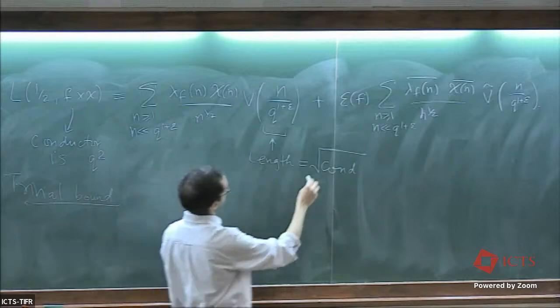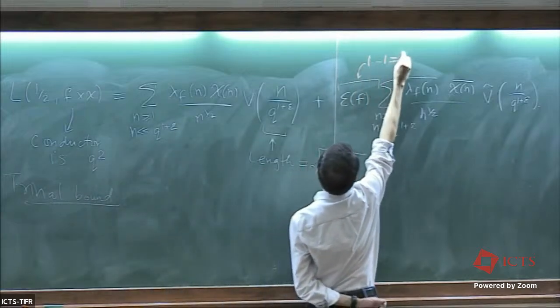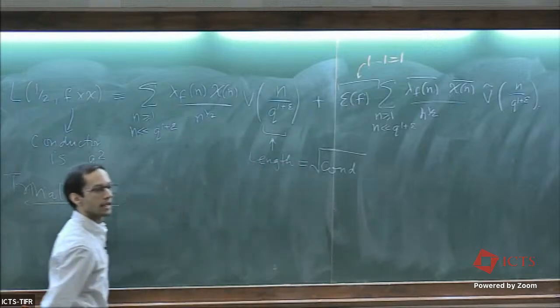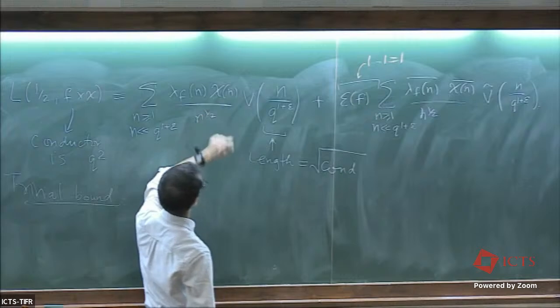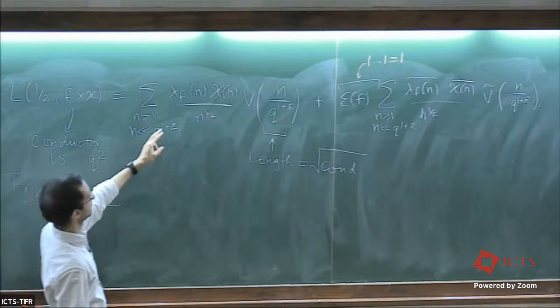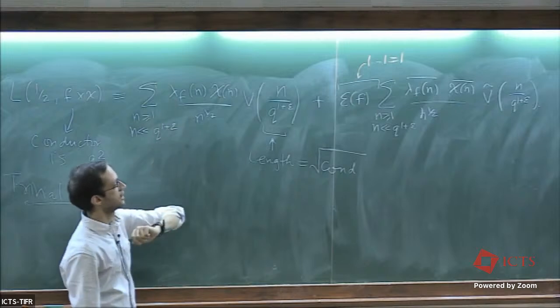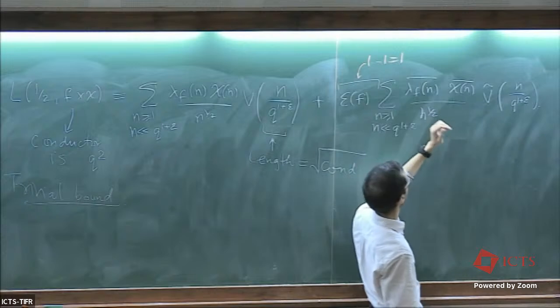So we know that this is some complex number with absolute value equal to 1. And if you put the absolute values all the way inside, we know that chi n also has absolute value 1. We know that lambda f n has absolute value big O of n to the epsilon out of caution.